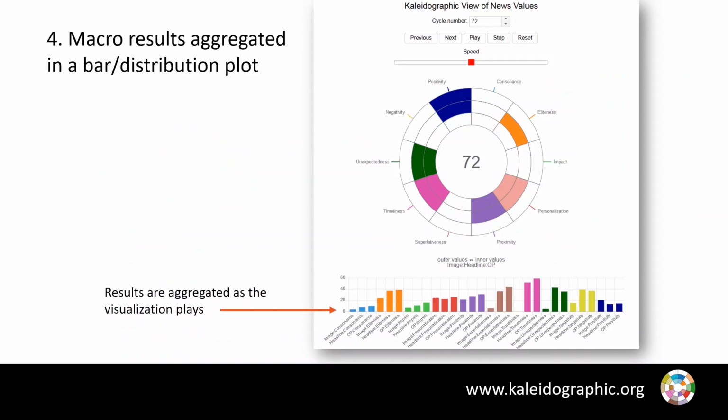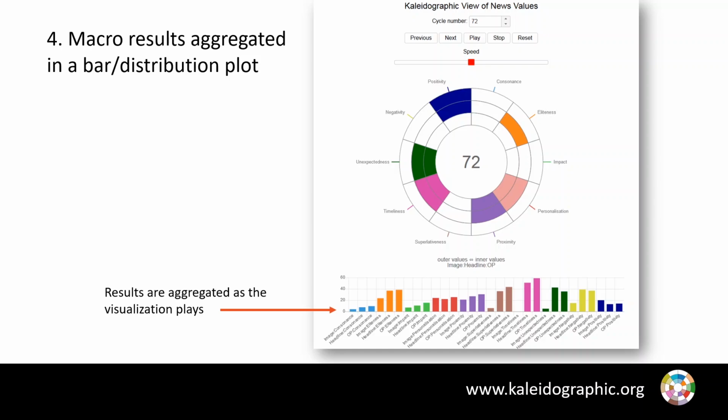In addition to the visualization tool has been the use of an aggregator at the bottom of the visualization. So you want to also add into your visualization the accumulation of your results as you move across the data set.